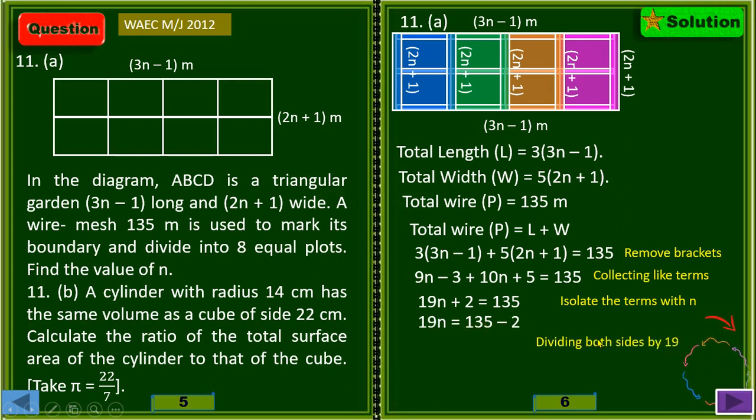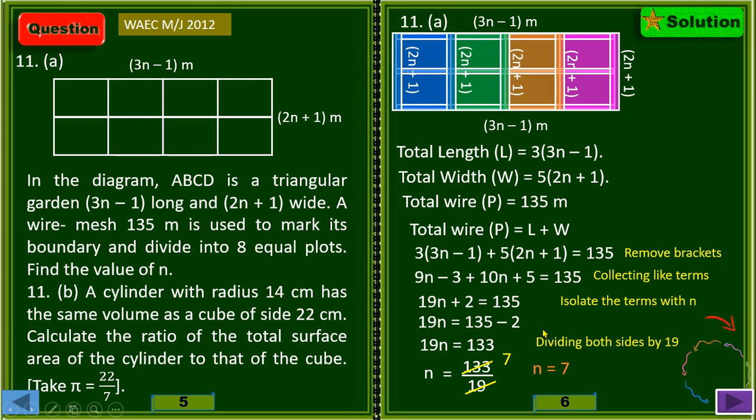We divide both sides by 19 to find the value of n. So 19n is equal to 133. Then n will be equal to 133 over 19. Dividing out, 133 divided by 19 is 7. So therefore n is equal to 7.